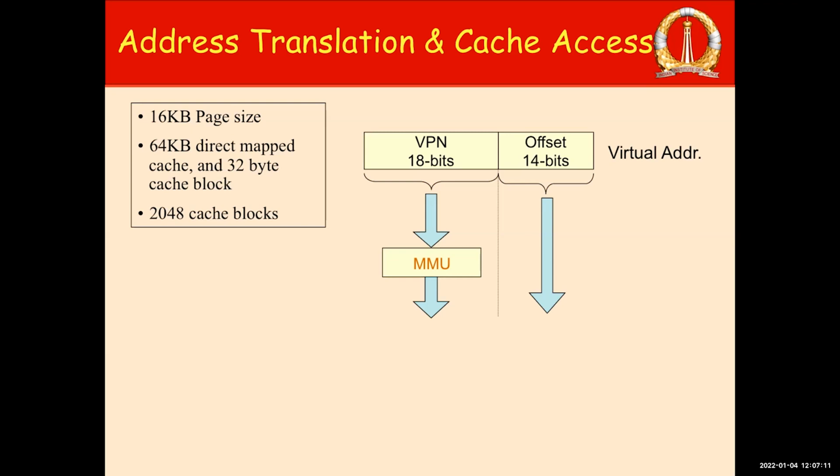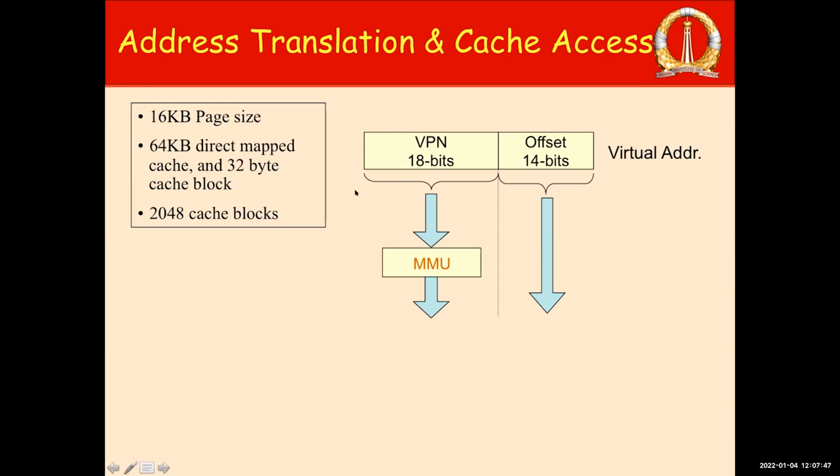Typically, the L2 and L3 levels are implemented as physically indexed, physically tagged caches, because by the time you search in your L1 and see whether it's a hit or a miss, address translation, at least using the TLB, could have been completed. Therefore, typically your L2 or L3 would be a physically indexed, physically tagged cache, whereas your L1 could be using some part of the virtual address for doing the indexing. Let me explain that with the help of an example here.